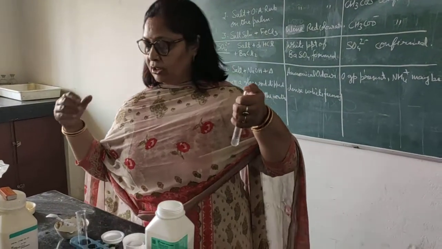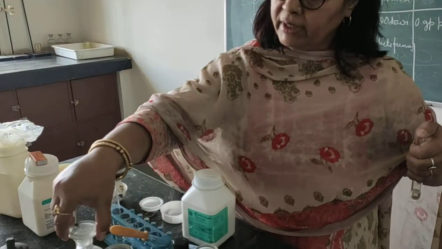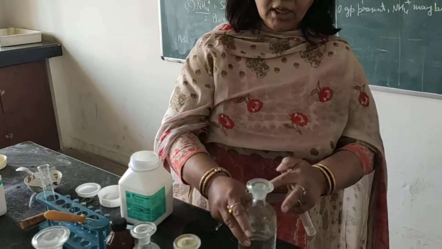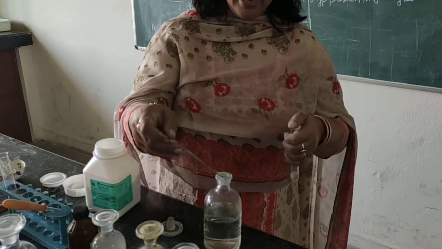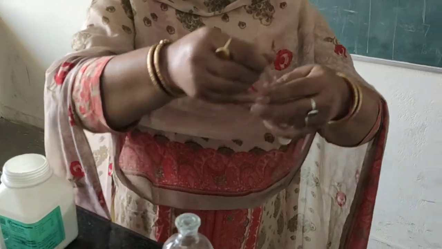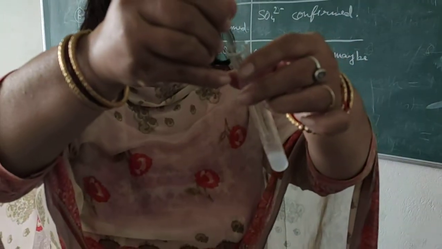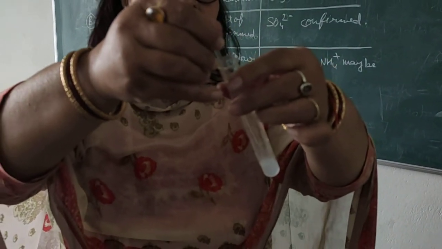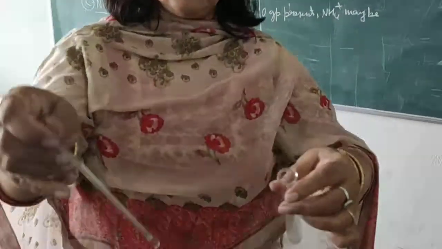Now take a glass rod dipped in concentrated HCl. We take this glass rod dipped in concentrated HCl and place it at the mouth of this test tube. Here you see that dense white fumes come out, because ammonia combines with the concentrated HCl.